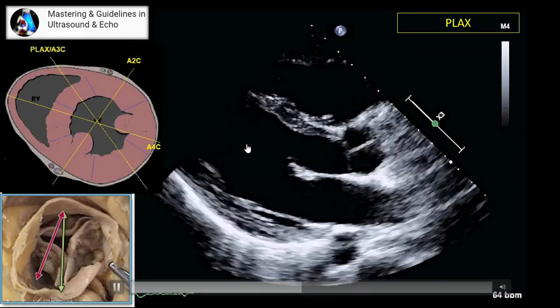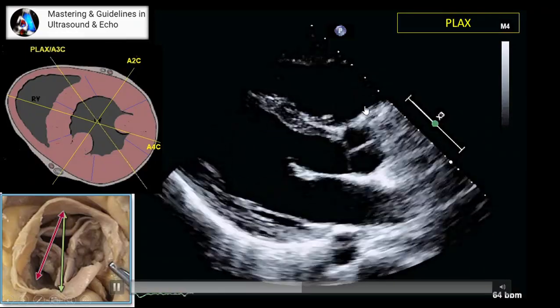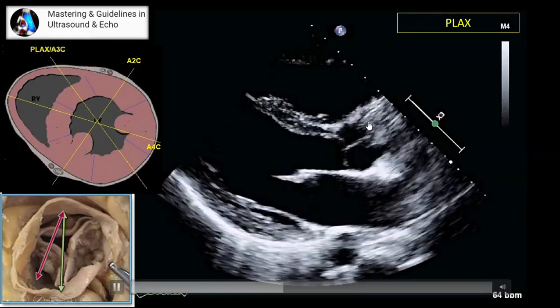The reason for being off the axis is that we are twisting our probe less than we should or more than we should, clockwise too much or counterclockwise too much.